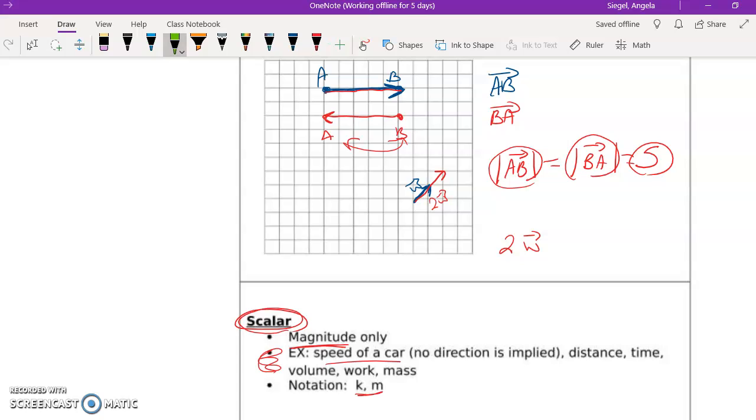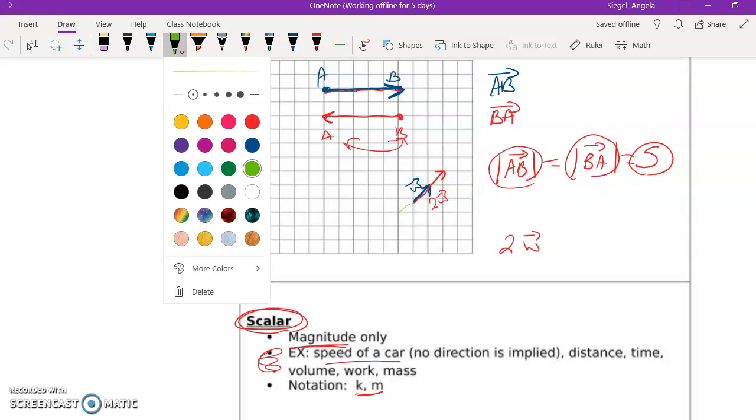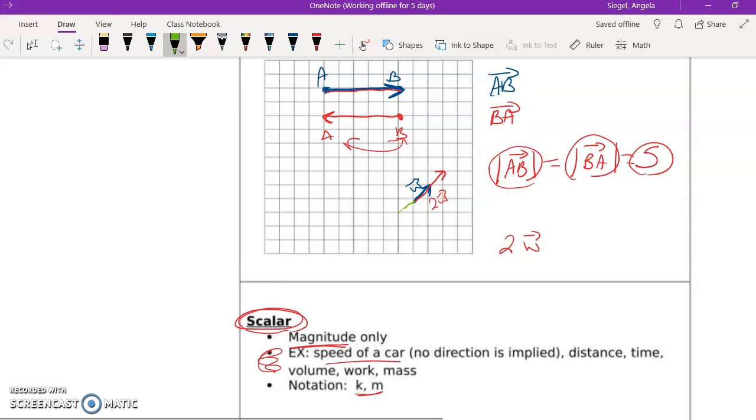Let's go the other direction. If I'm going this direction, that's negative. So I have 1, 2, 3, let's just do 4. This is the length of W, the magnitude of W times 4. This is going to be negative 4W.